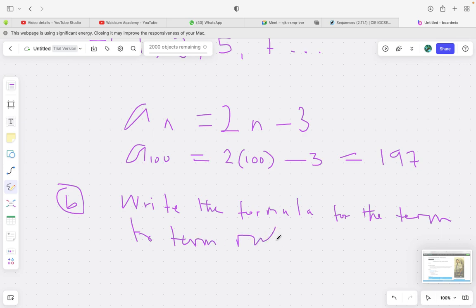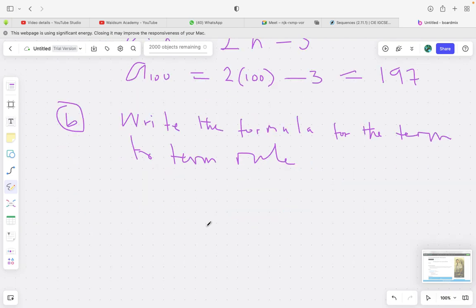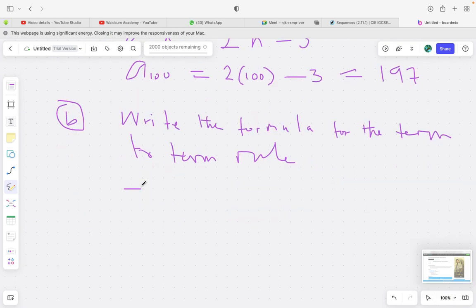Write the formula for the term to term rule. So to do that, first let's write the sequence out. Negative 1, comma, 1, comma, 3, comma, 5, comma, 7, right? Let's stop here first. So you see the difference.